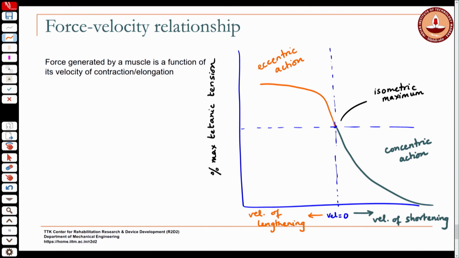It also has to do with the passive elastic components. Remember, I mentioned that they are viscoelastic. As the velocity increases, they also start producing greater resistance to the lengthening. So this relationship is called the force velocity relationship.